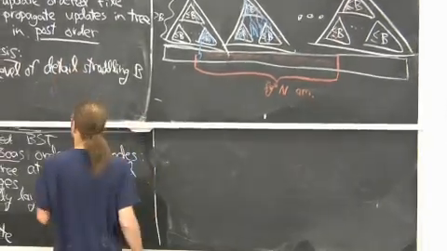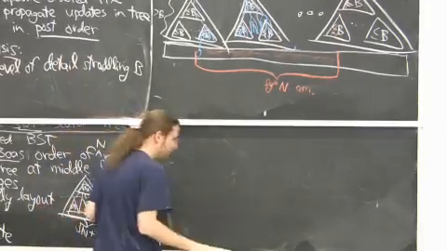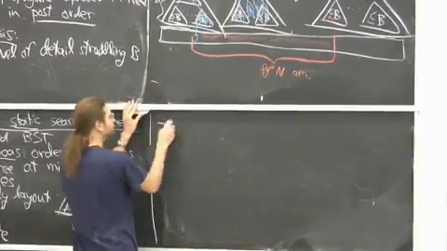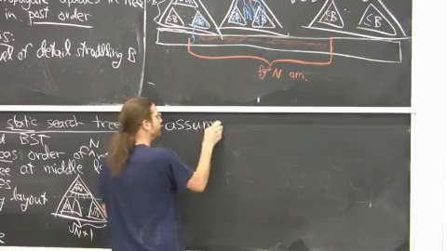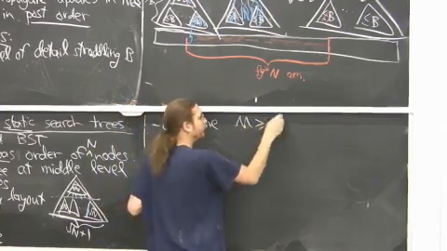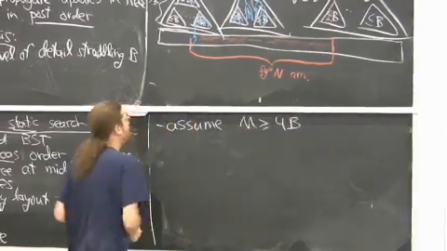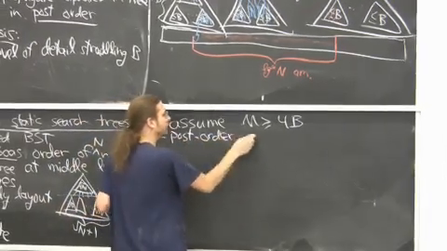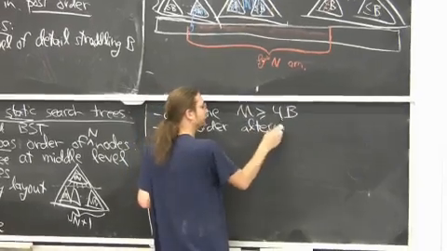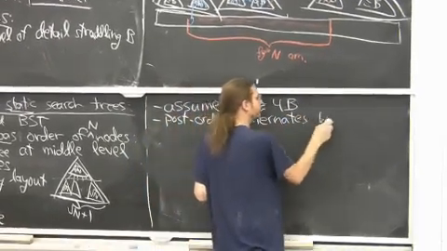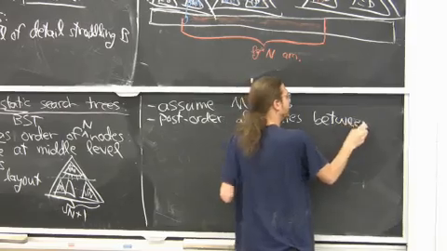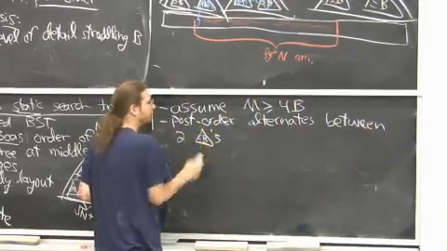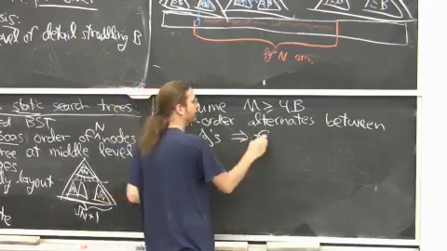So we assume, white chalk, that we have at least 4 blocks of cache. Post-order traversal alternates between 2 little triangles. So this part is free.